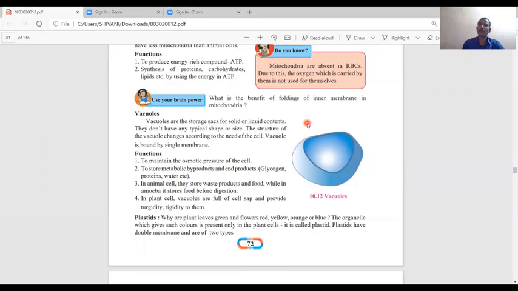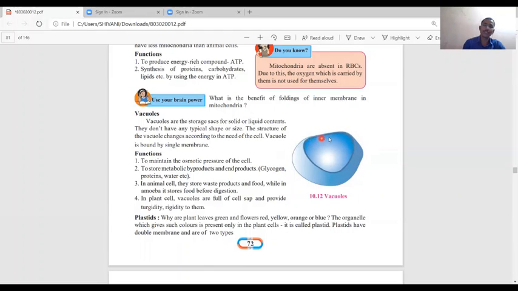Vacuoles do not have any typical size. The structure of vacuoles changes according to the need of the cell. The structure of vacuoles is also simple. Vacuoles are bound by a single membrane.